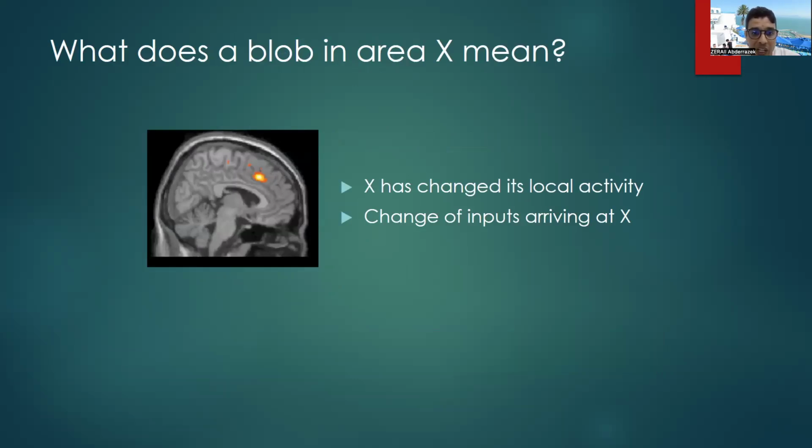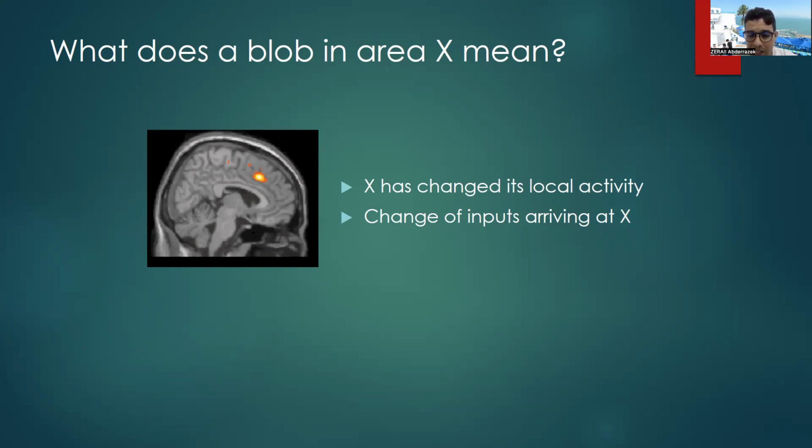So what does a blob in area X mean? X has changed its local activity, and this change also depends on all the inputs arriving at area X. So when we talk about local activity, it's dependent on this area.